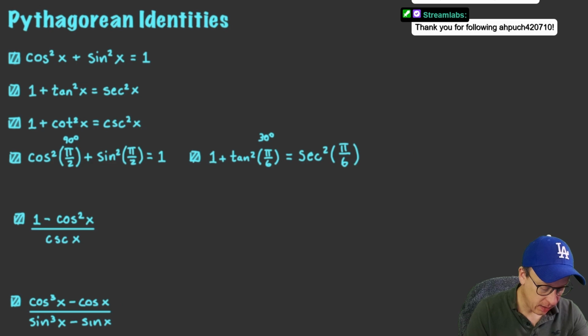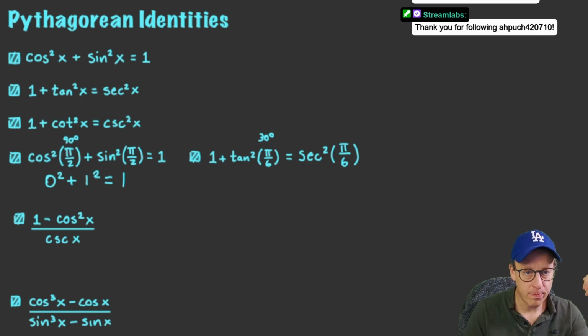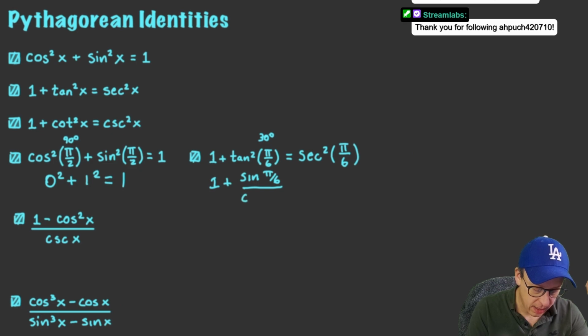Well, we know in this situation that this is going to simplify down to 0 squared plus 1 squared, which is equal to 1. And let's move on to the next one. Well, here, let's go and convert this into 1 plus sine of pi over 6 divided by cosine pi over 6 squared.